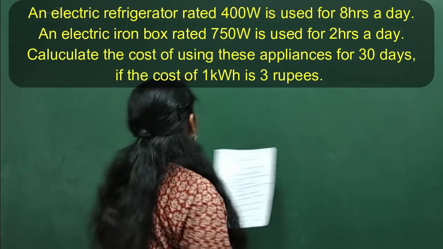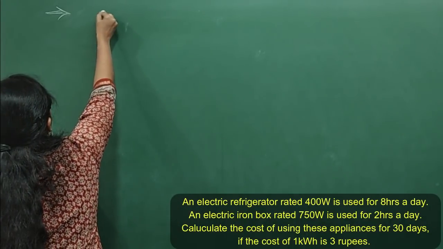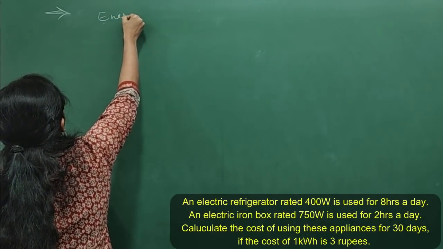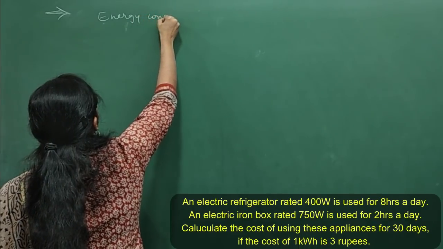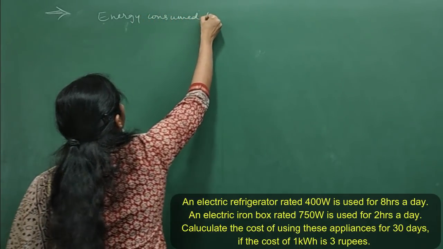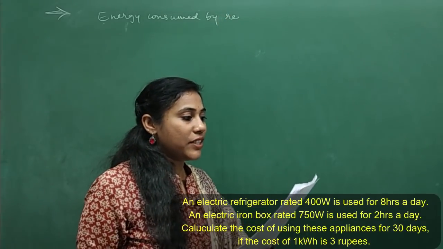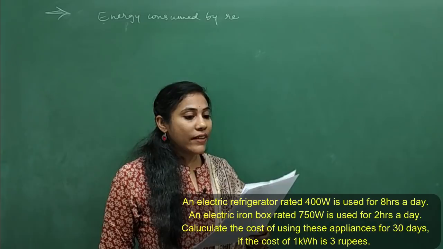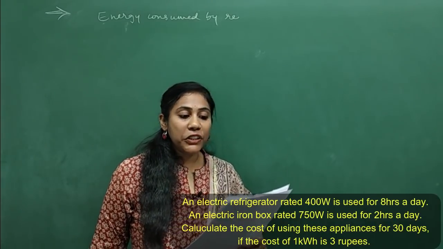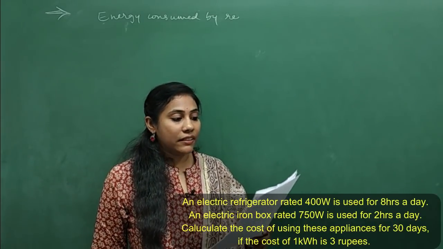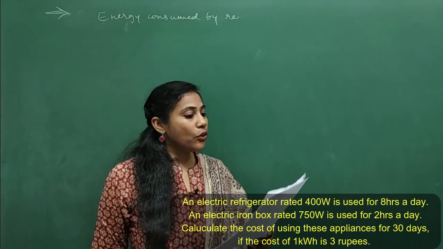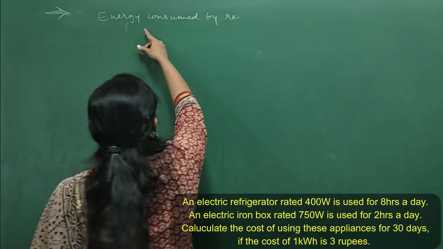So how do you calculate? So first you calculate energy consumed by refrigerator. There are two appliances here. One is refrigerator, its power is given, and another one is electric iron, its power is given. Yes or no? So let us do it.